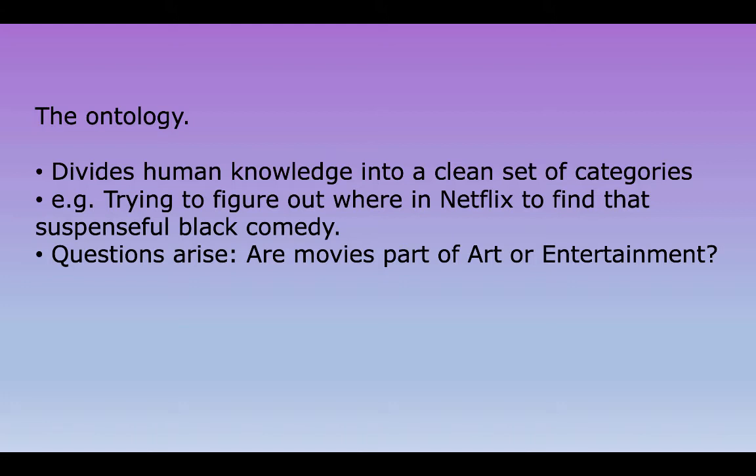Being able to find a suspenseful black comedy in a sea of other entertainment is really challenging. Another question you could ask is, are movies part of art or entertainment? Some people would imply that those are not necessarily uncomplementary things, but not the same.